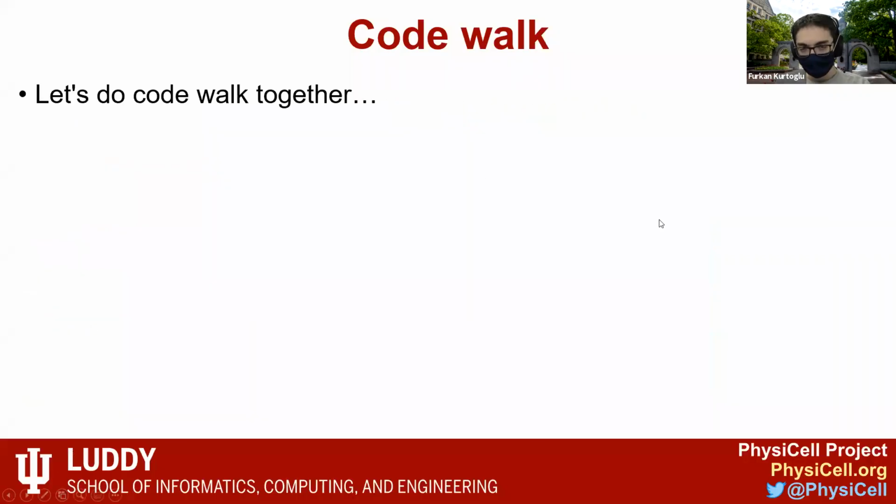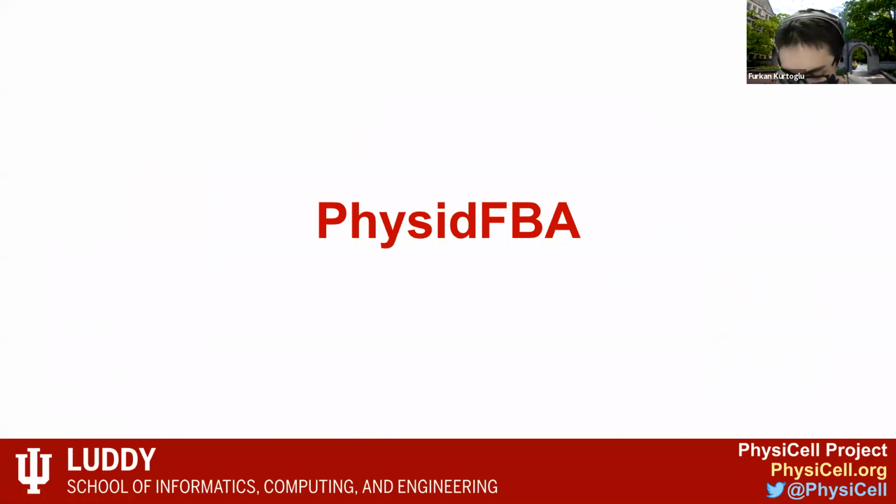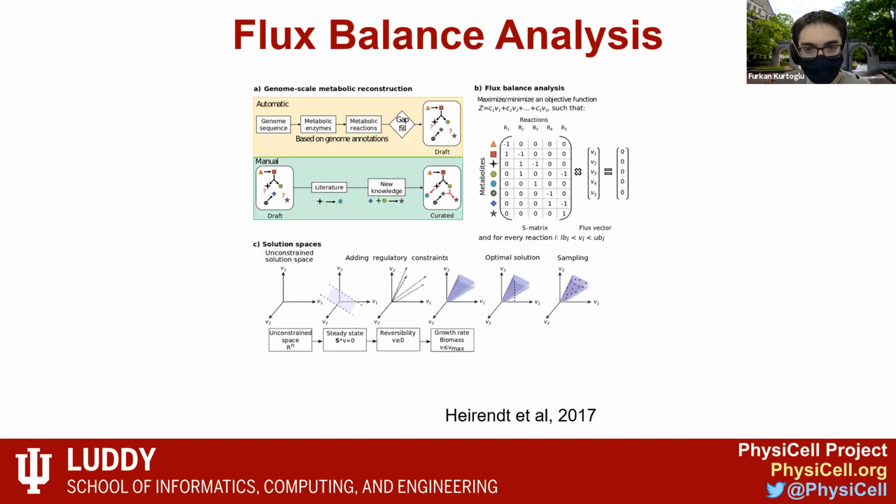We did a code walk, and we have mentioned the integration of the kinetic part and PhysiFBA, which is kind of similar, because Boolean networks are more like gene regulation networks, but DFBA and the kinetic models are dealing with metabolism. Other ODEs can be there too, but DFBA has a similar approach.